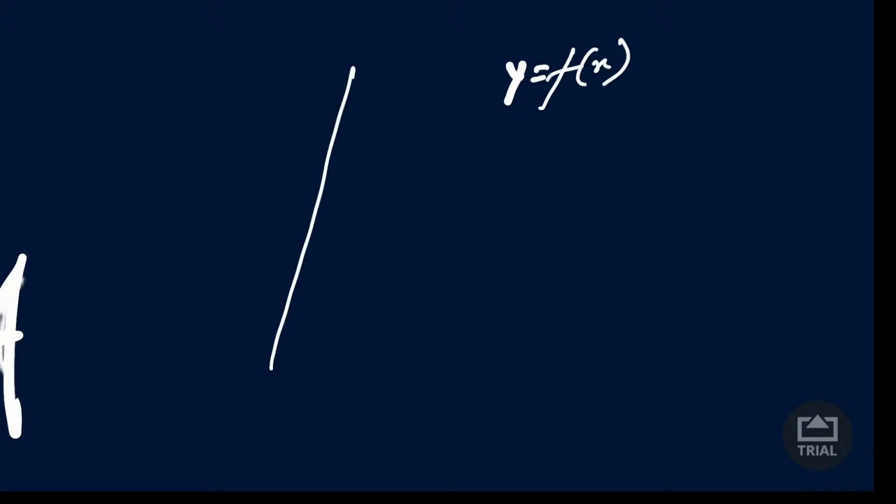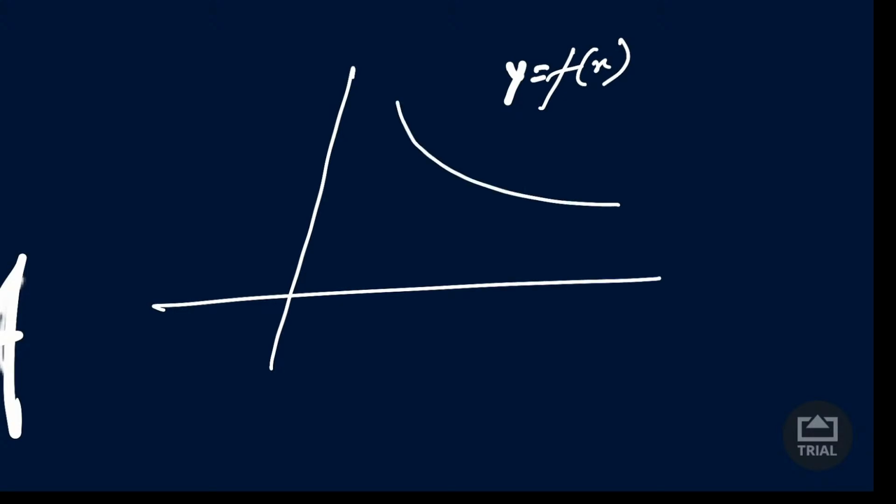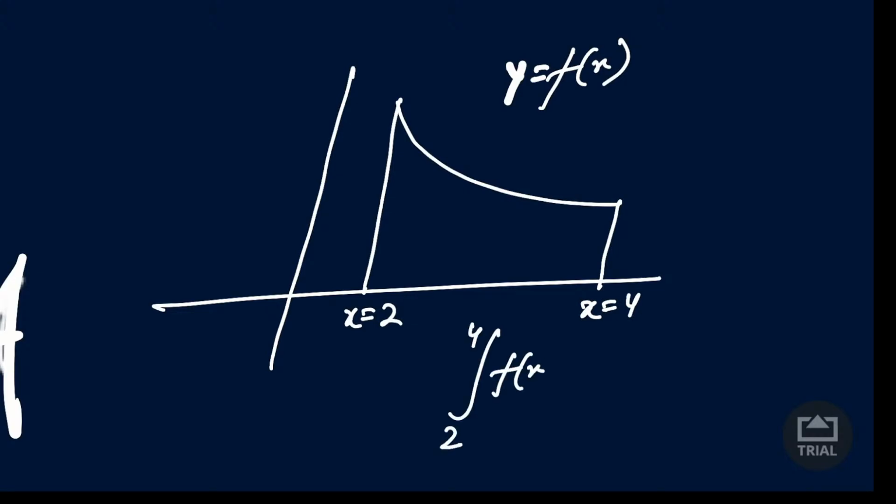I drew it like this. For x equal to 2 to x equal to 4, what is the area under this curve f(x) along the x-axis? So you write it like this.